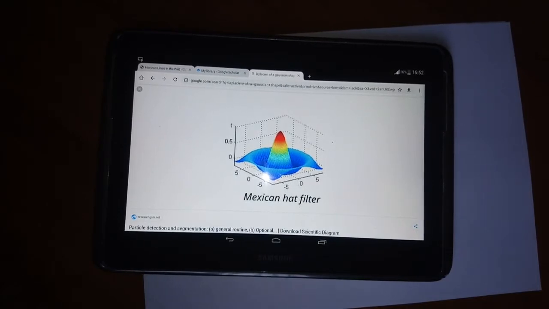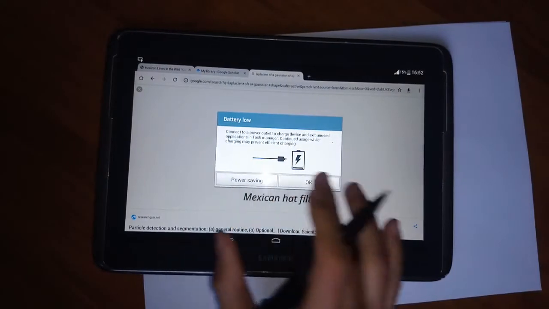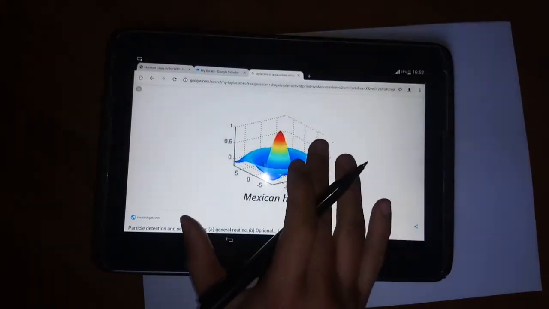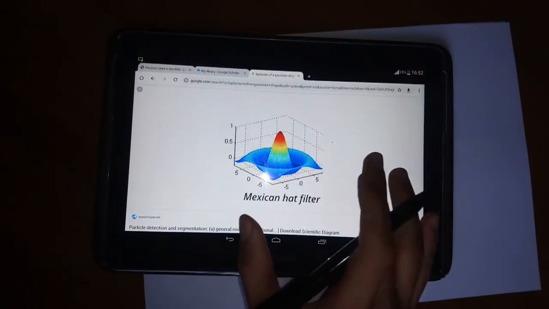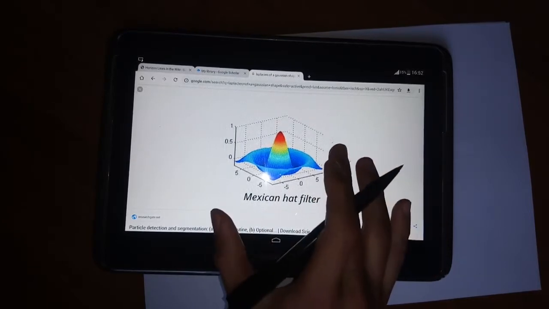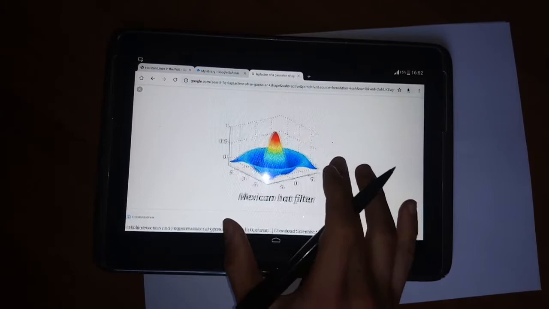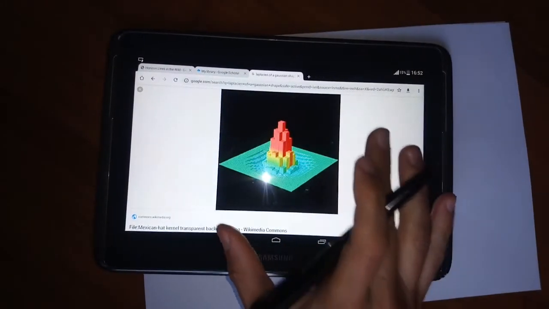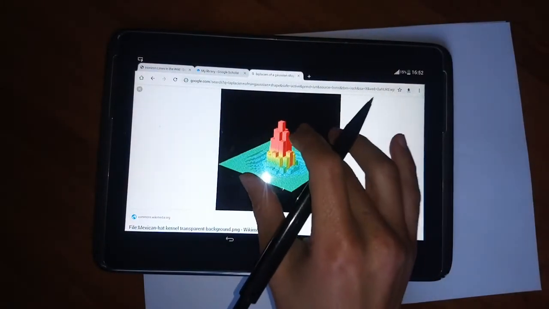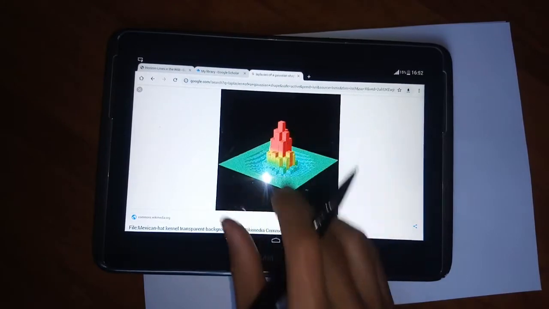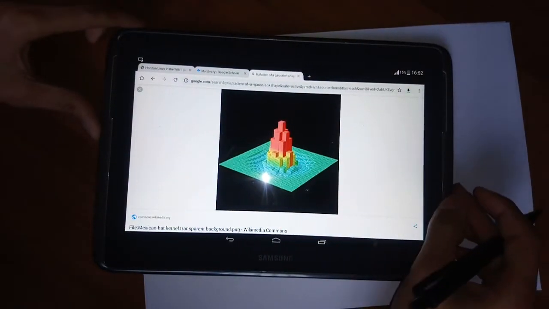Now the next step is to digitize this and get it in a discrete form. So we would want to get something like this, and this can be written in the form of a mask or a kernel.